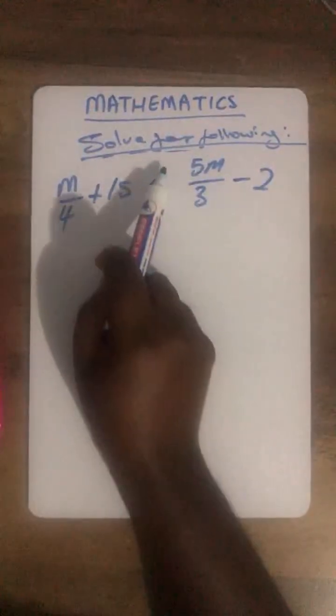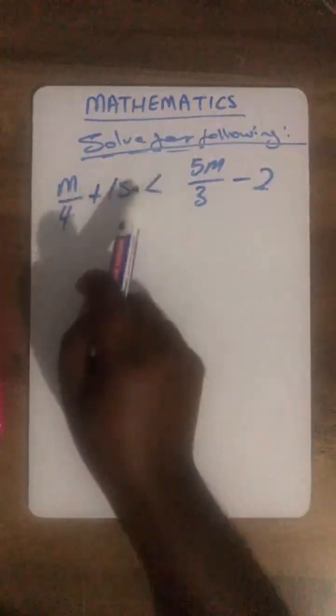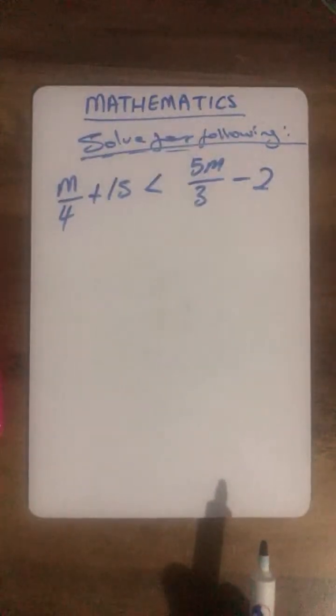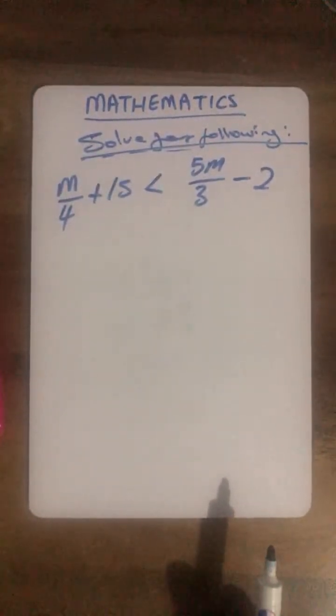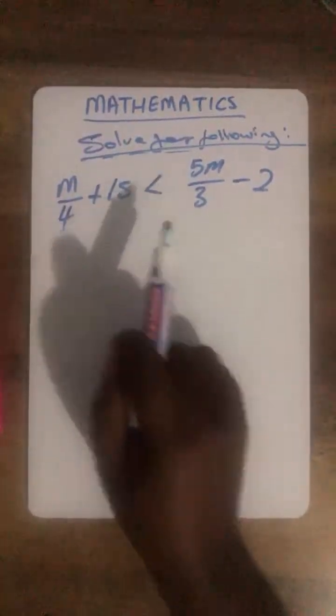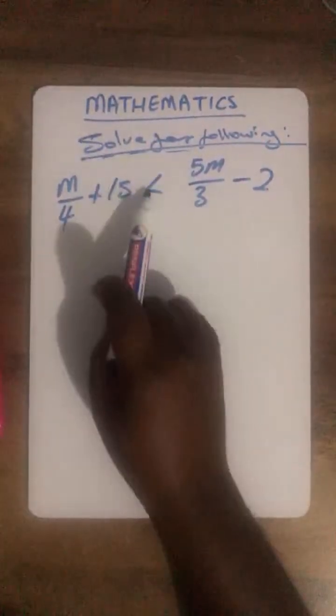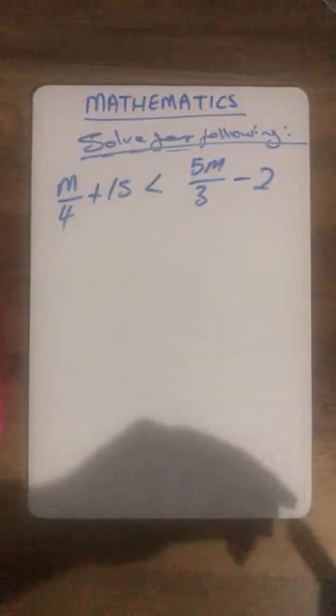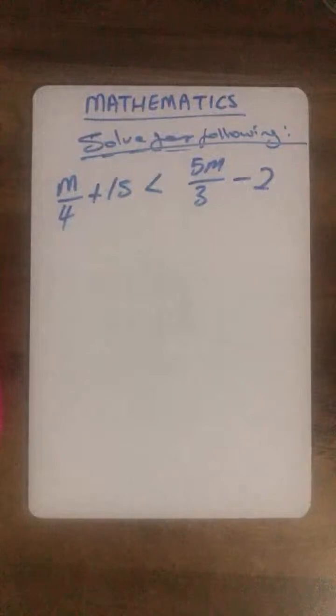They just removed the equal sign and placed an inequality sign there. That's all. When it comes to inequality, it changes if you divide by a negative. If you divide by a negative, it changes direction.